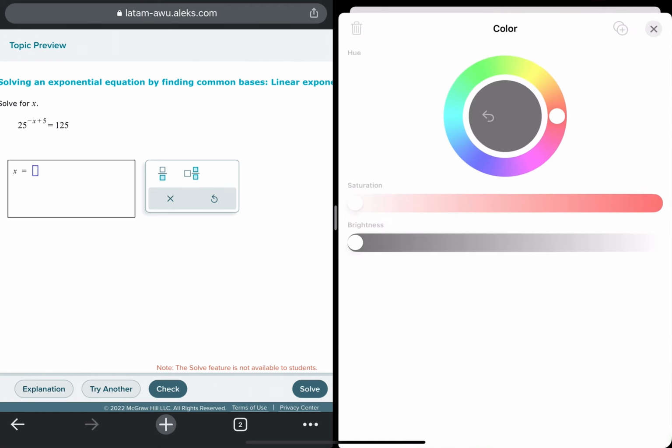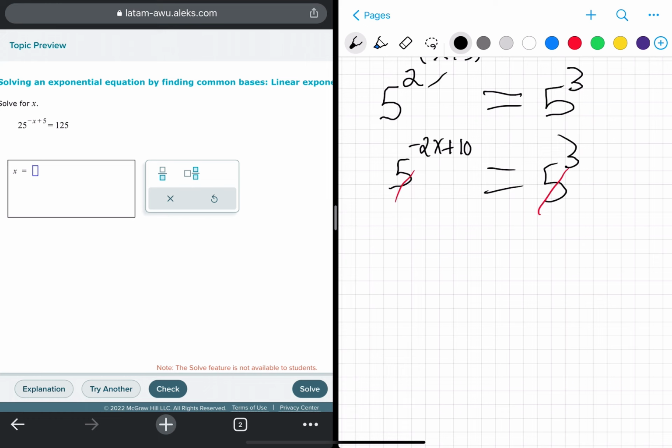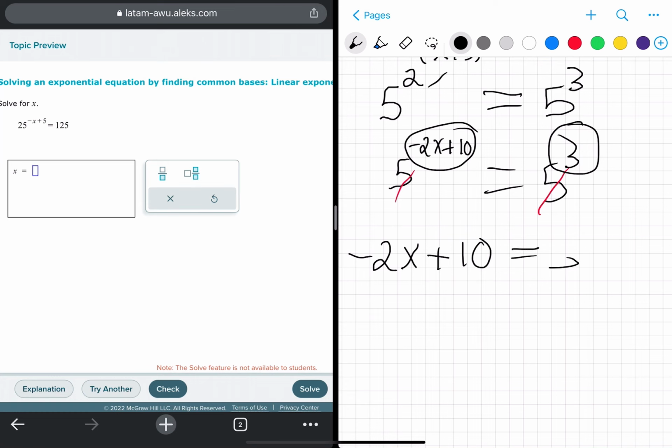I know for sure that the exponent here has to be equal to this one. So I will have minus 2x plus 10 equals 3.